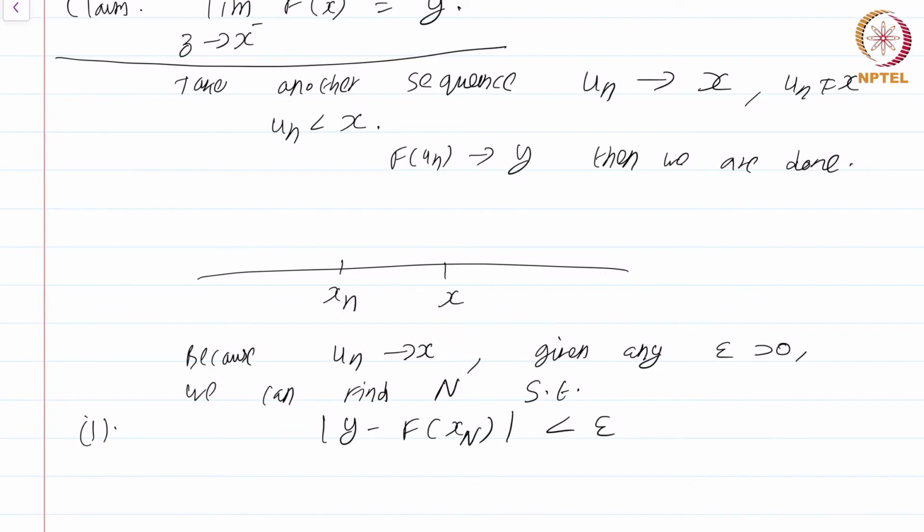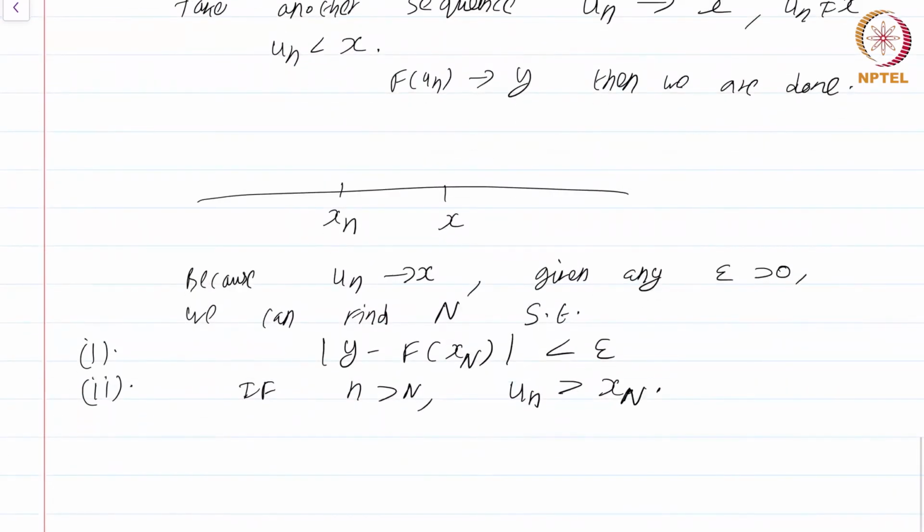Second is, if small n is greater than capital N, xn is greater than x capital N. This requires maybe 30 seconds of thought. Well, think about what is happening. xn is somewhere over here.